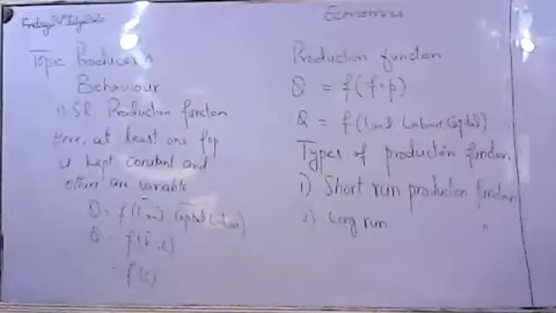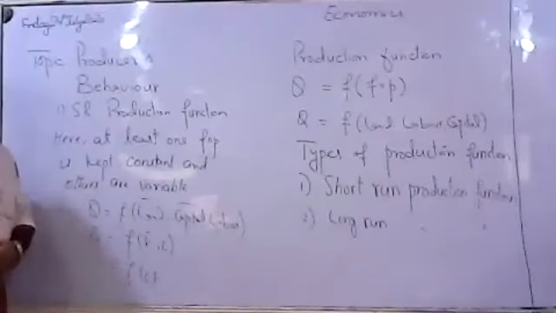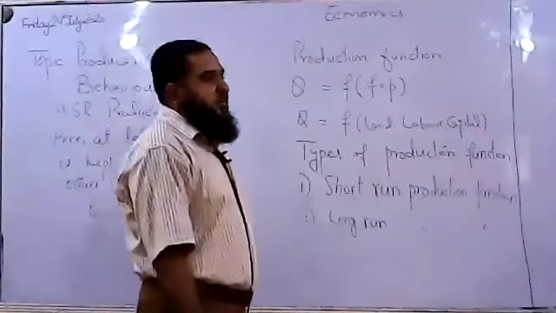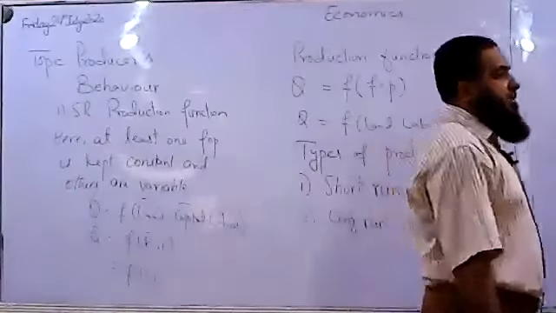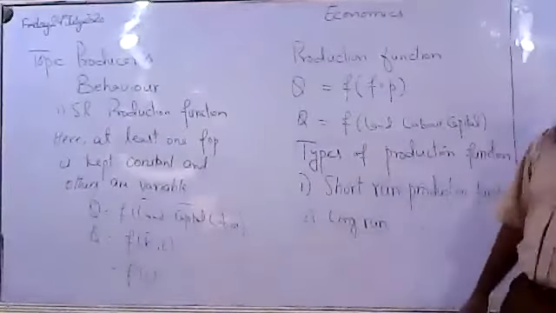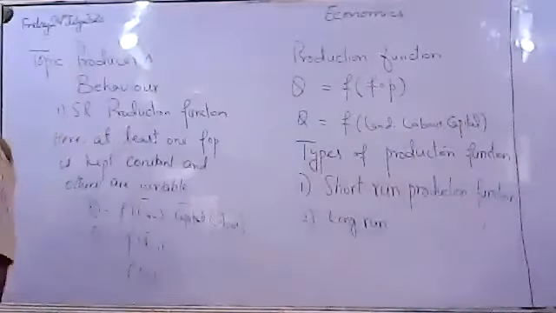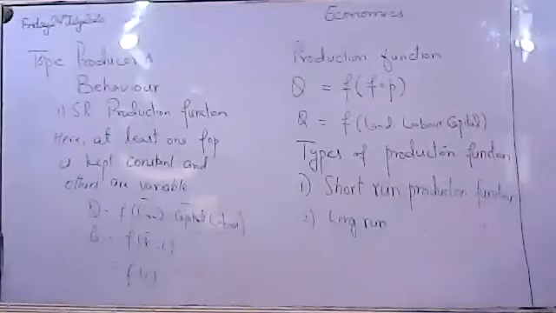If we are changing the number of workers or increasing their working hours, then quantity produced will also be changing. If we are increasing the number of workers present in our production unit, definitely they will be able to produce more output. And if we are asking them to do overtime, the same number of workers now rendering more hours to produce output, their output level will increase, their productivity can also increase.